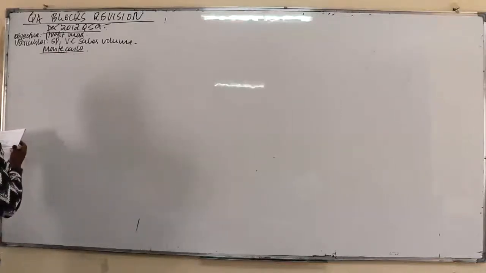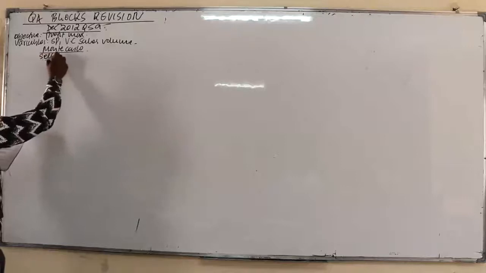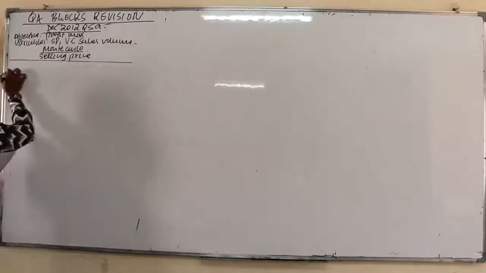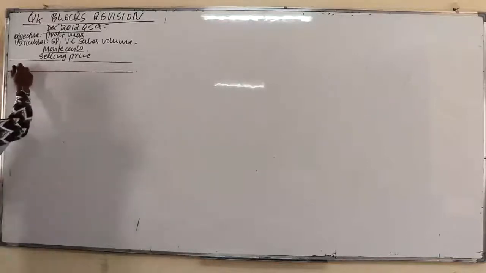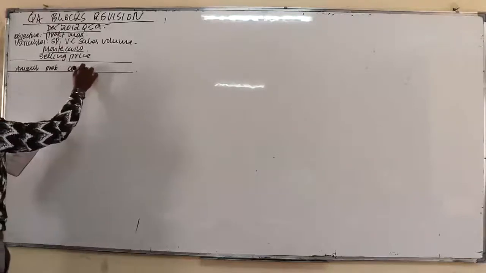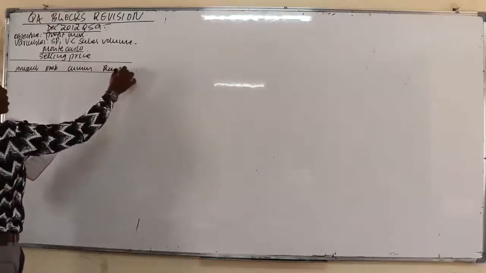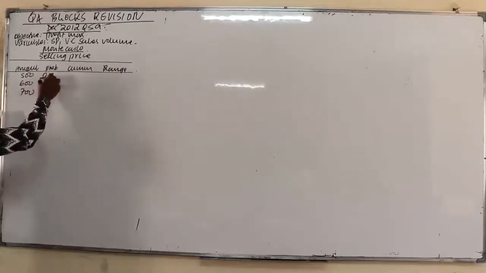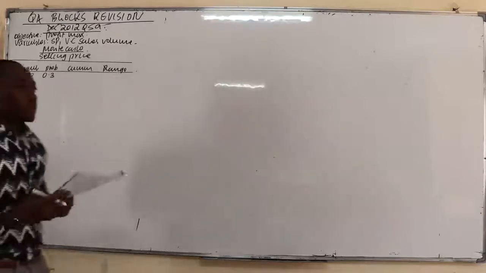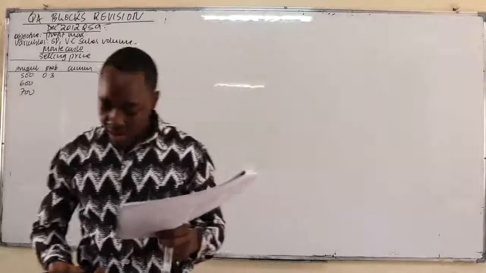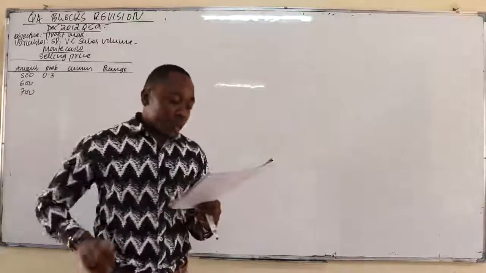The first one is for the selling price. For the selling price, you have the amount, probability, you cumulate, and then you range. So it can either be 500, 600, 700. Probability is 0.3. Now let's go to the random numbers given. You can see they are given in pairs.